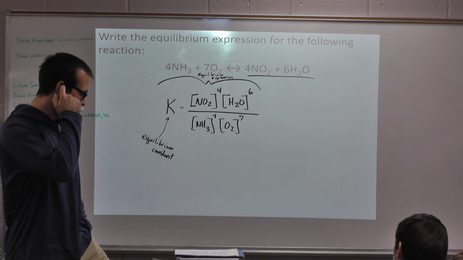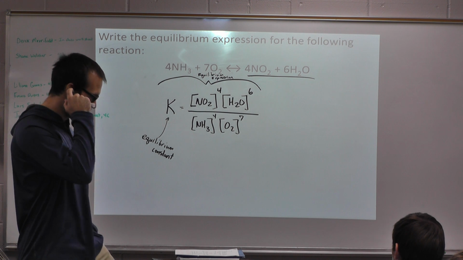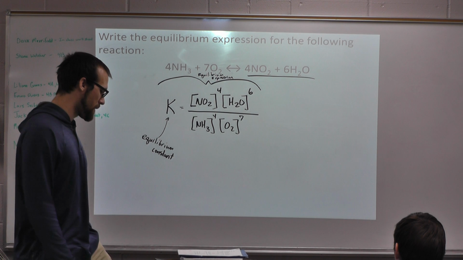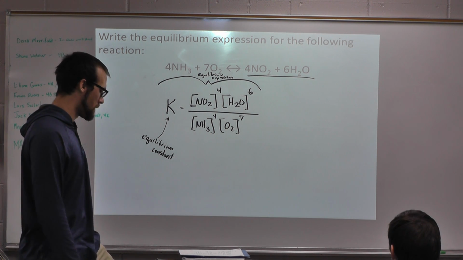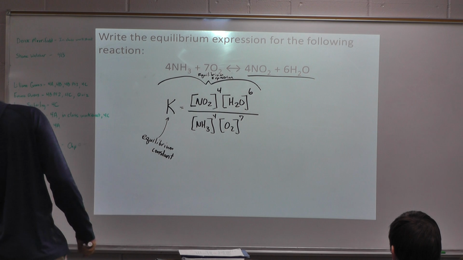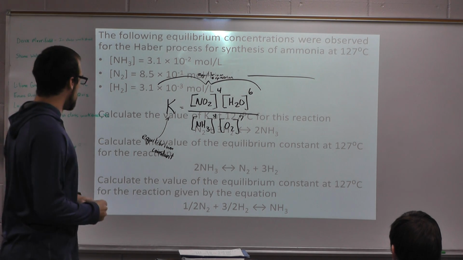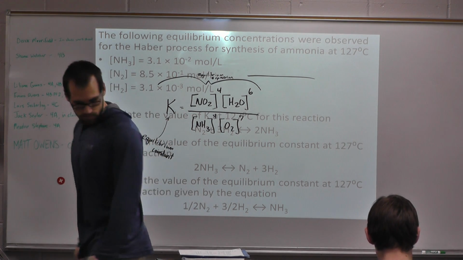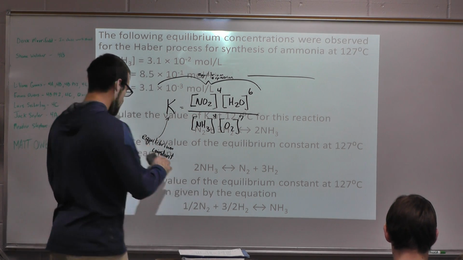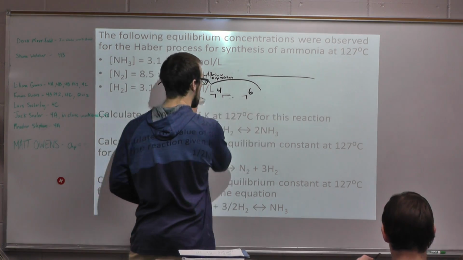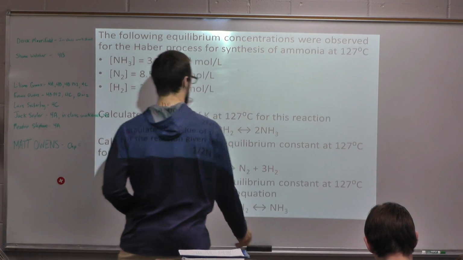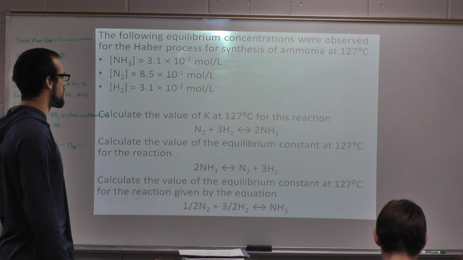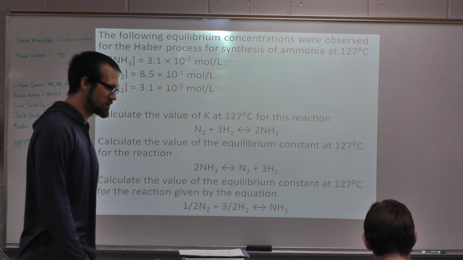So we can figure out the equilibrium constant K at a specific temperature if we know the equilibrium concentrations during a given reaction. Everybody get this? Can I erase it?